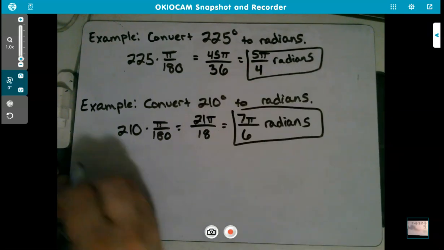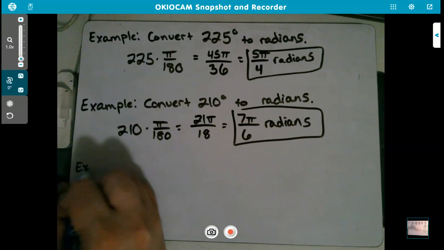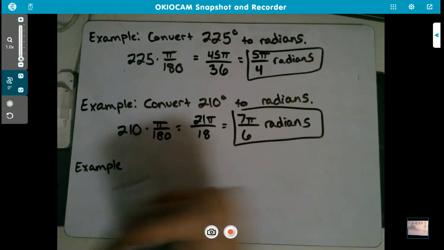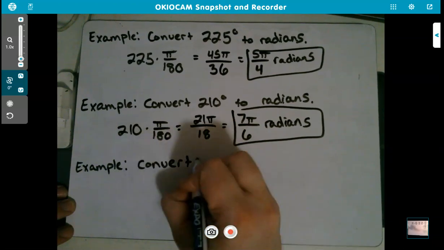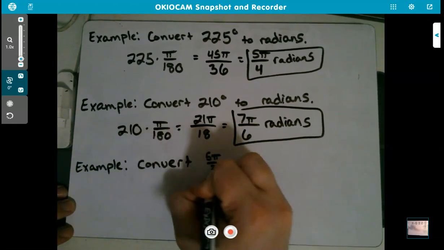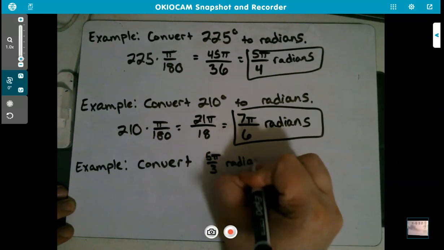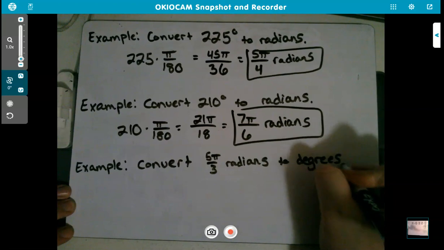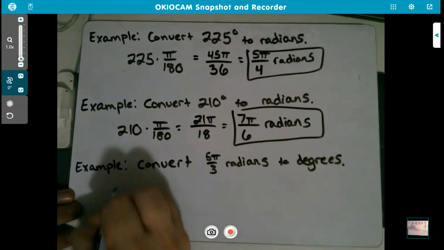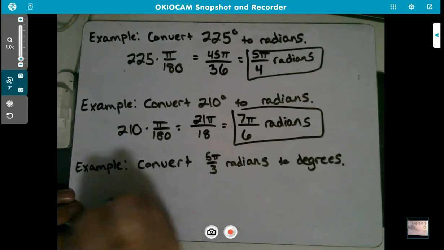So now let's practice going from radians to degrees, because like I said, sometimes in some of our real world stuff, we are going to have to do this. Let's convert 5 pi over 3 radians to degrees. So as I said, to do that, we multiply by 180 over pi.